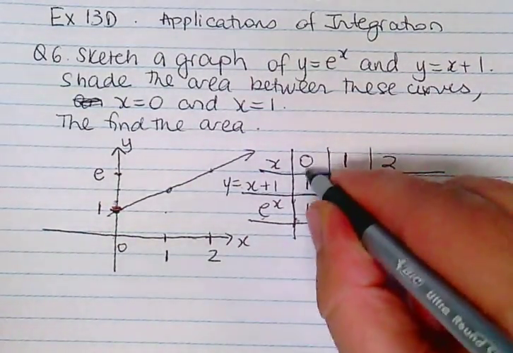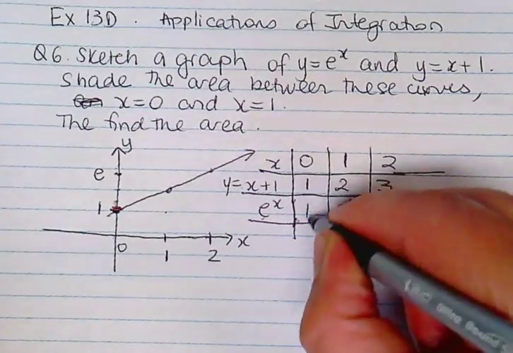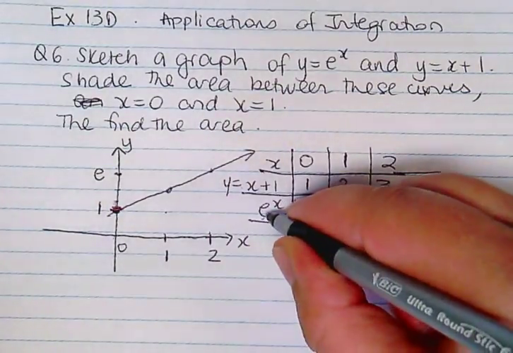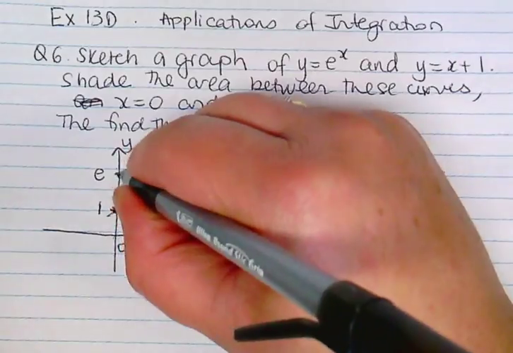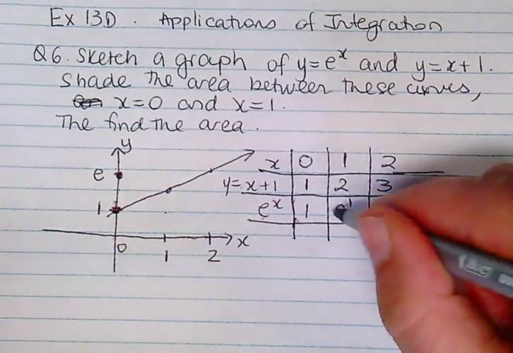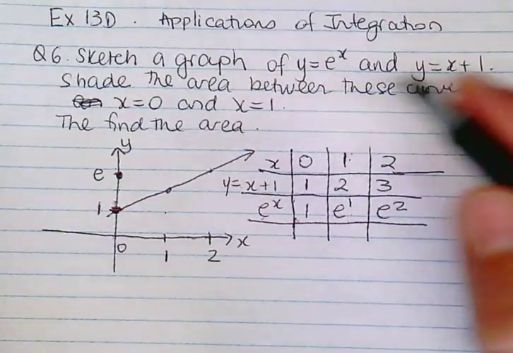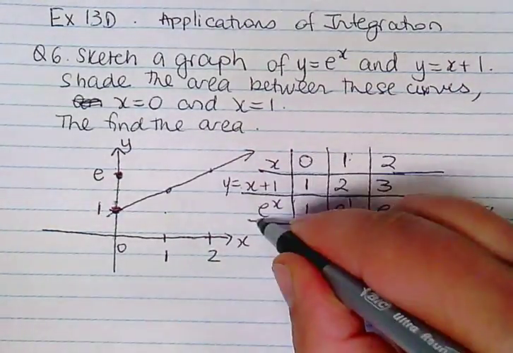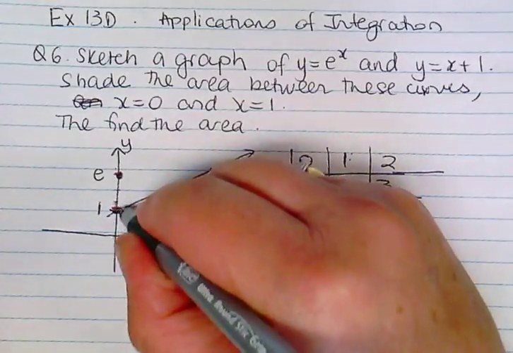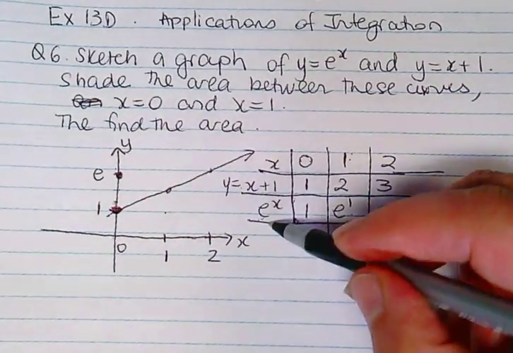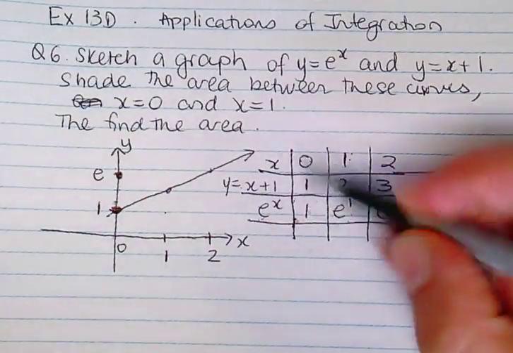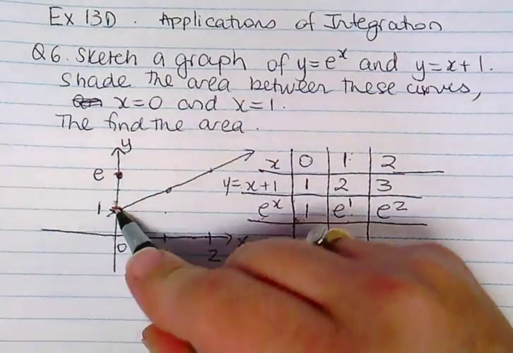Now, for my exponential curve, with the e to the x curve, when x is 0, y is 1, so it's the same point on the curve.